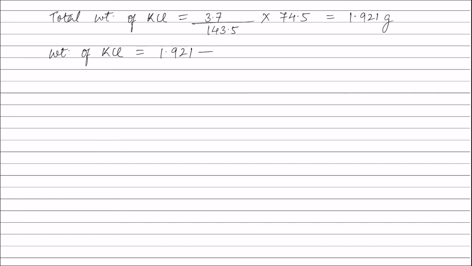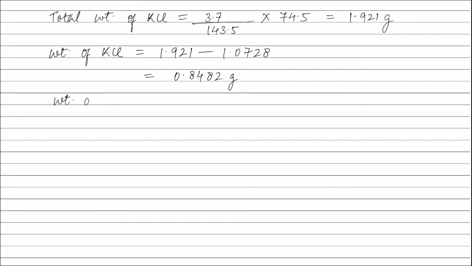Now weight of KCl present originally will be equal to total weight of KCl, that is 1.921 grams, minus weight of KCl formed from KOH, that is 1.0728 grams, and this is equal to 0.8482 grams.